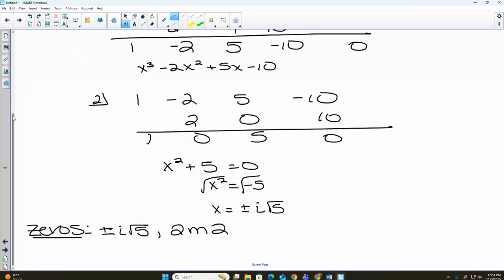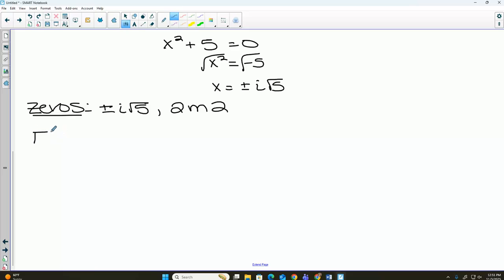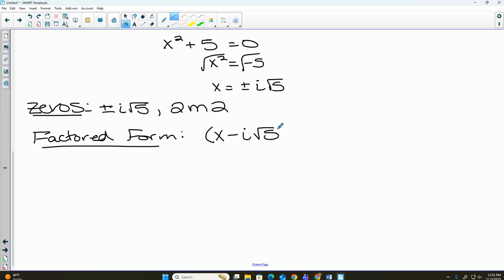Your factored form, you could write a couple different ways. So zeros are just the numbers. Your factored form is when you have your parentheses. So if i radical 5 is a 0, it would be x minus i radical 5, x plus i radical 5. 2 is a 0, so x minus 2.